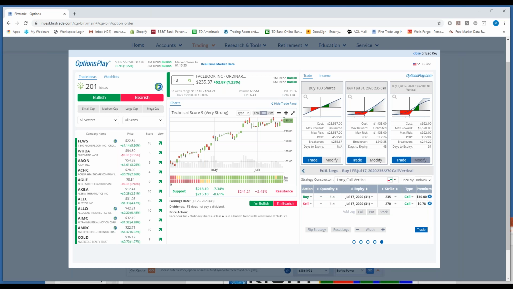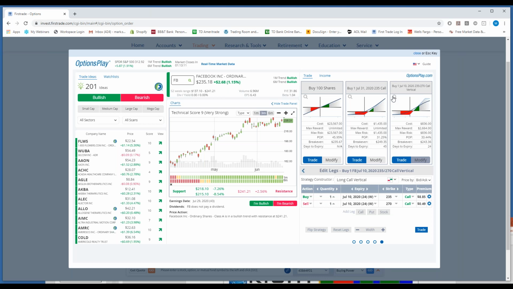Oh, this is July. Let's go to June. There's our June 10. Now, the maximum risk here is $836. The maximum reward here is $2,664. The probability of getting it is 33%, and it's a good trade.